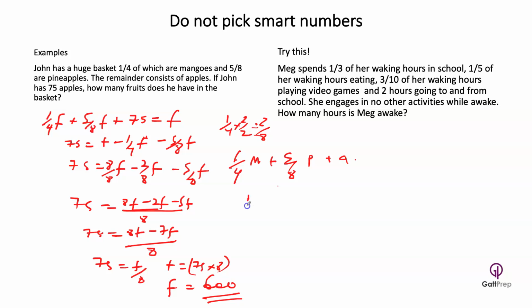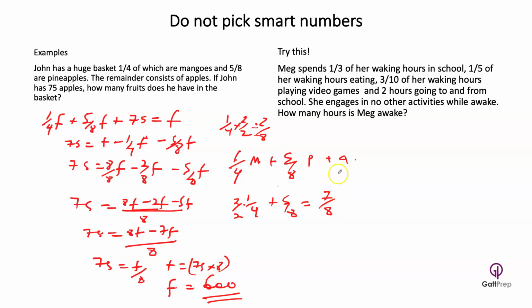You have 1 over 4 plus 5 over 8, and we can use a placebo fraction to make the denominators the same, and this gives us 7 over 8.